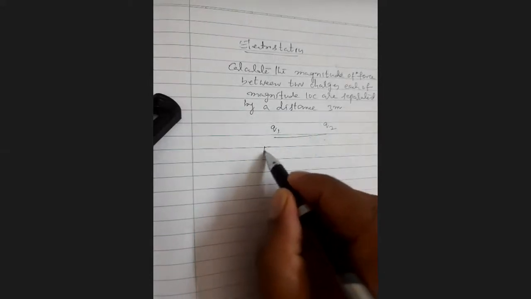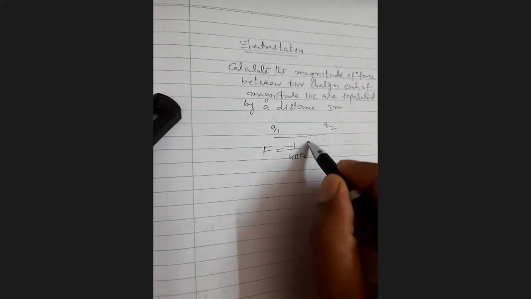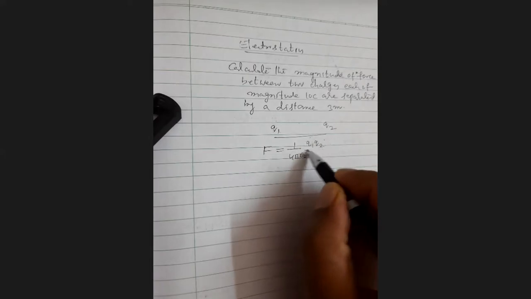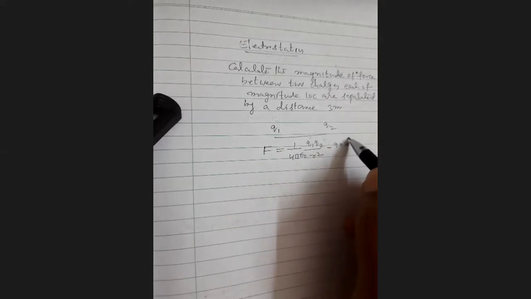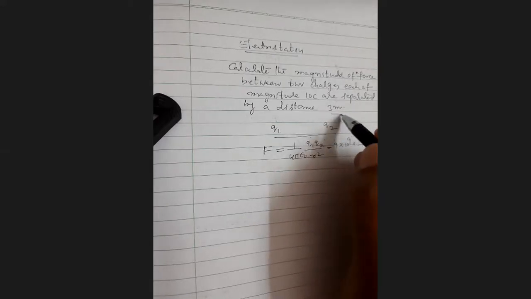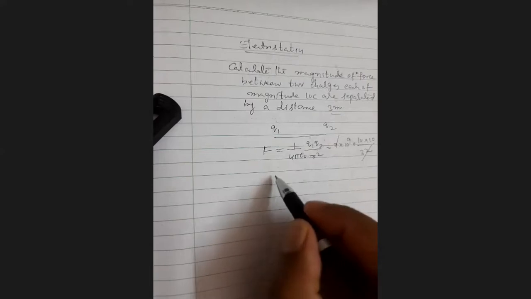Applying Coulomb's law, F is equal to 1 by 4 pi epsilon naught Q1 Q2 by R square. 1 by 4 pi epsilon naught value is 9 into 10 power 9. Q1 is 10, Q2 also 10, distance 3 meter, 3 square. 3 square is 9, cancel.